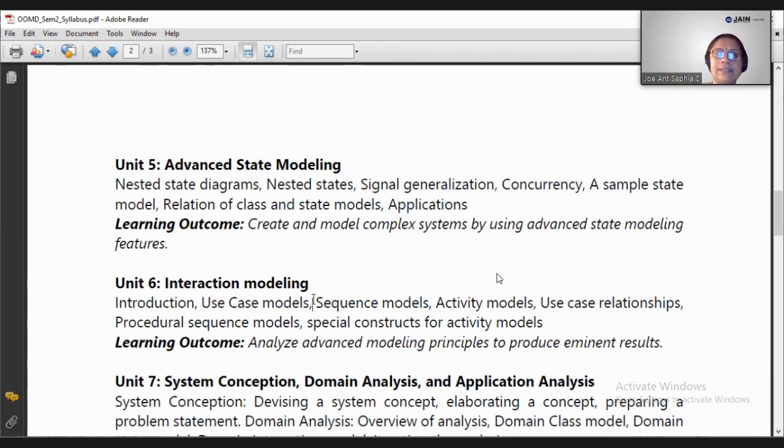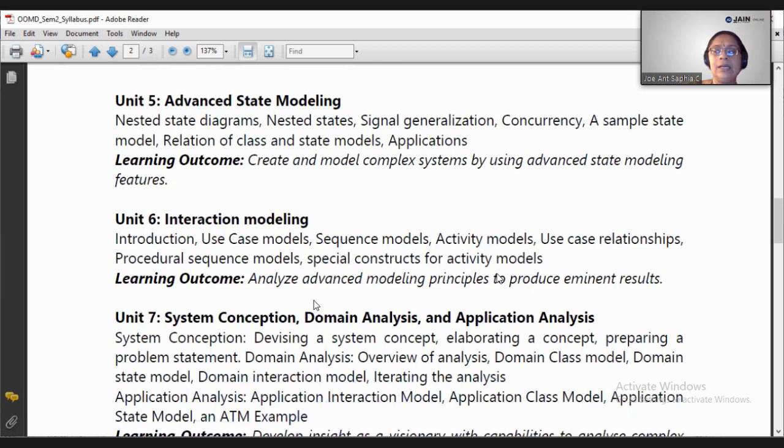The use case model is for the system: how our system is going to interact with other systems and users. The sequence model shows how classes communicate among themselves to perform a responsibility. The activity model is another representation of a particular operation, showing how its flow exists.